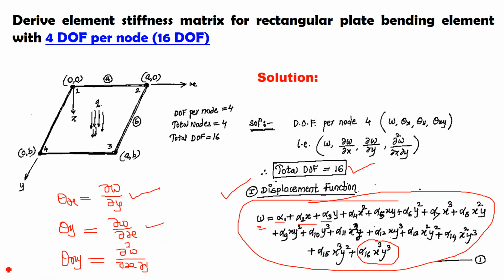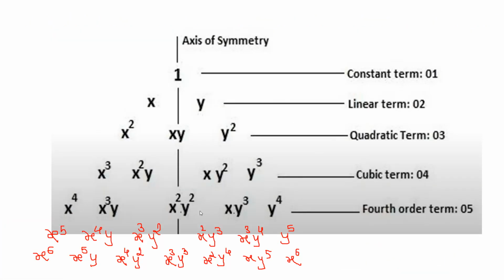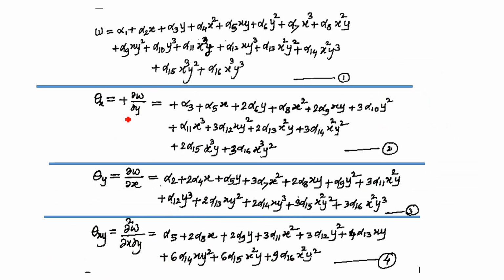First, take the derivative of w with respect to y, that is to find theta x. So differentiate this polynomial with respect to y. We know that when you differentiate with respect to y, variable x is treated as a constant because it is a partial derivative.